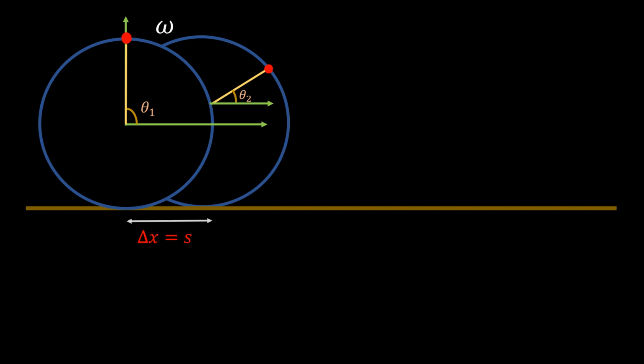At this new position, the particle now makes a new angle with the x-axis. Let's represent it by theta 2 and the initial angle by theta 1. The difference in the angles, which is equal to the angle covered by the particle, is given by theta 1 minus theta 2. Therefore, theta 2 is equal to theta 1 minus delta theta.